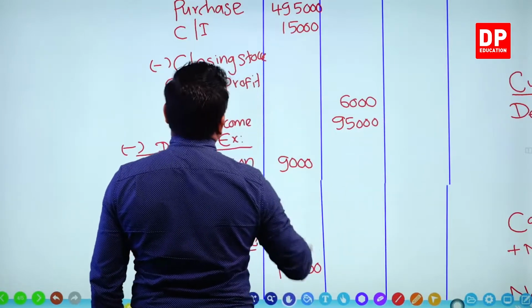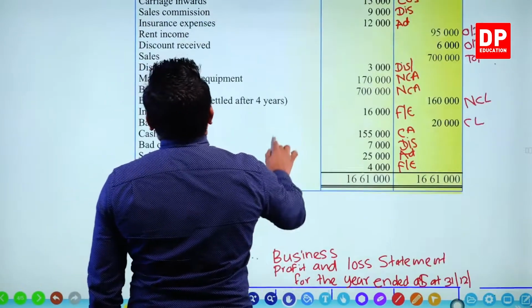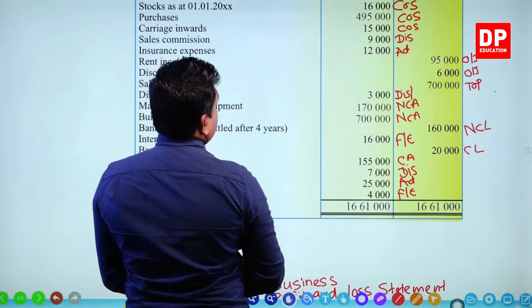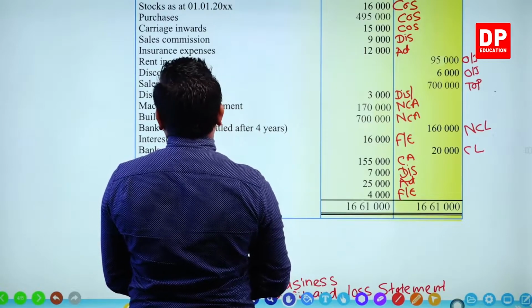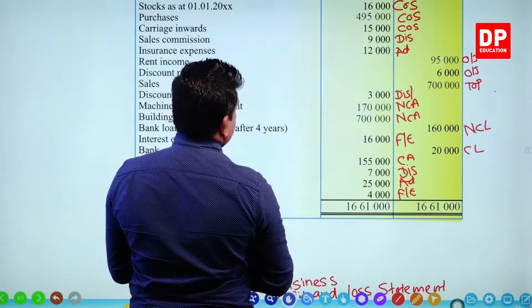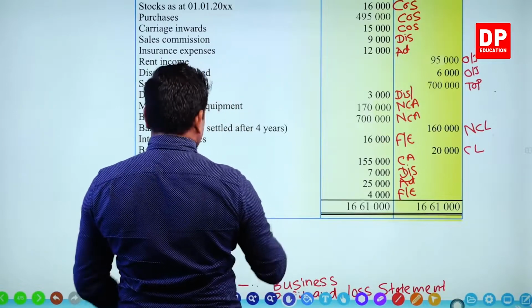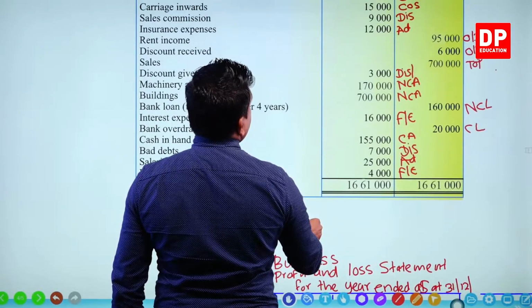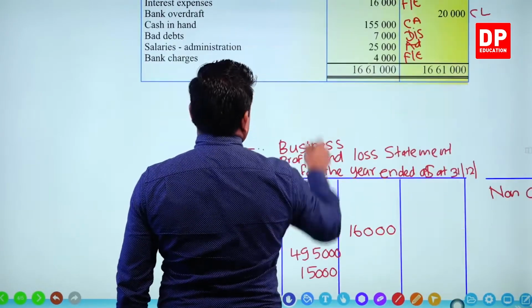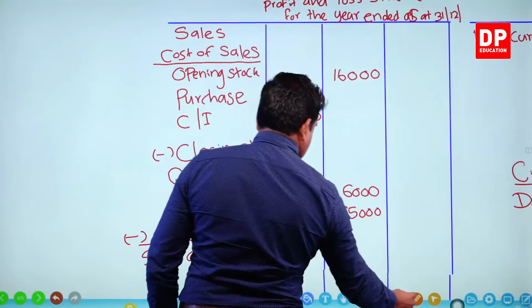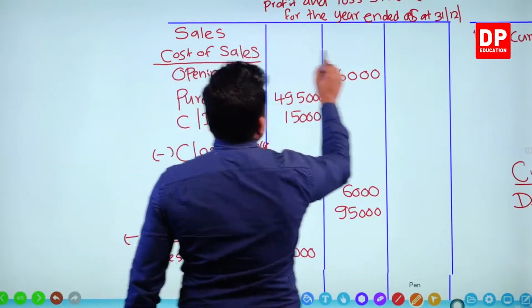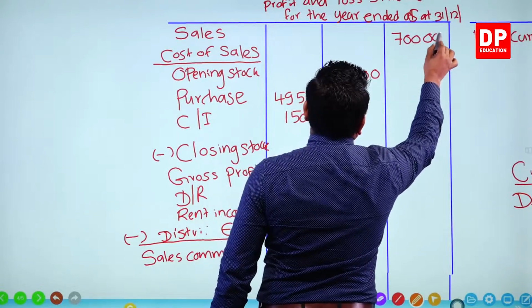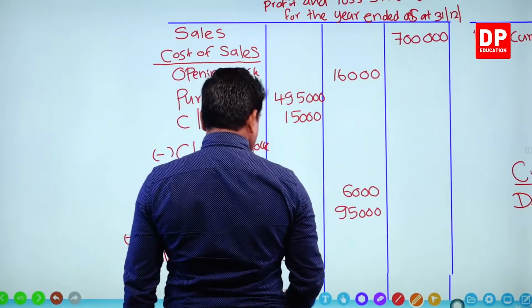Okay, now we have done up to this place, right? Sales 700,000, but there is a discount given of 3,000.